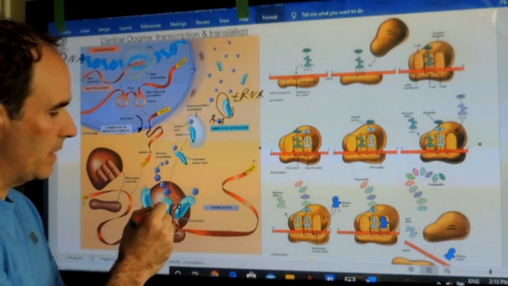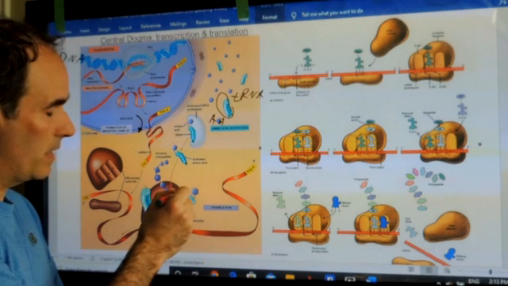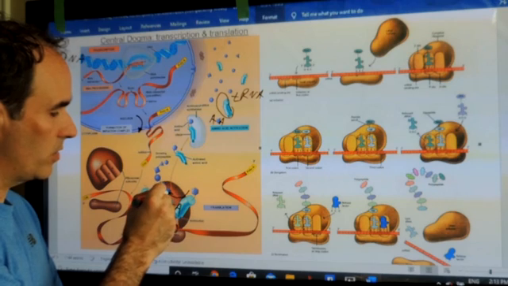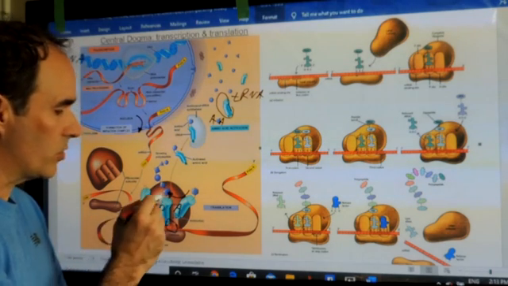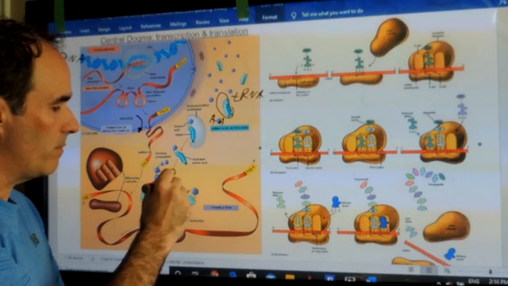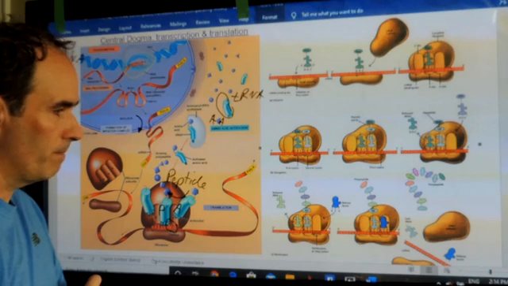At the next step of elongation, this amino acid will join on to this amino acid. It's a growing chain. It gets joined together by a peptide bond. That's why it's called a polypeptide.